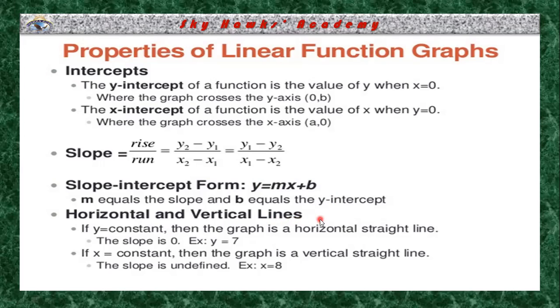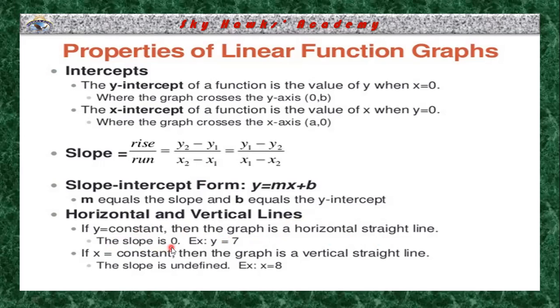We have seen sometimes the lines are not tilting, the lines are not inclining in any direction. We are getting straightforward lines. So if y is constant, that is, the distance is constant at a specific height the line is passing through, then the graph is a horizontal straight line.